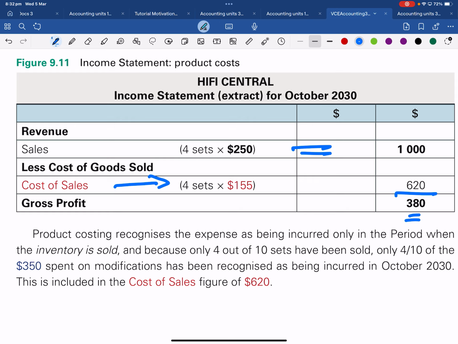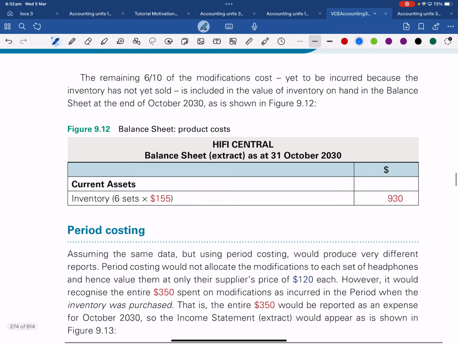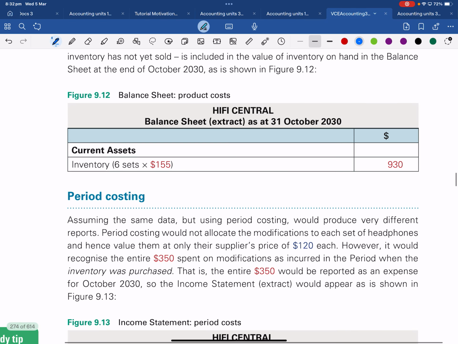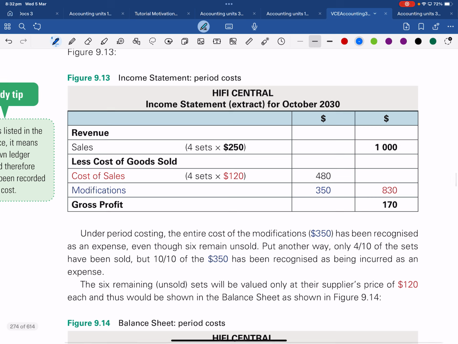Okay, let's say we didn't identify it as a product cost. We identify it as a period cost. Before that, under product cost, in the balance sheet, how much would be the inventory value? It will be 930. Why? 6 times 155. Now, if we identify the modification cost as a period cost, our sales will still be the same, 250 times 4.